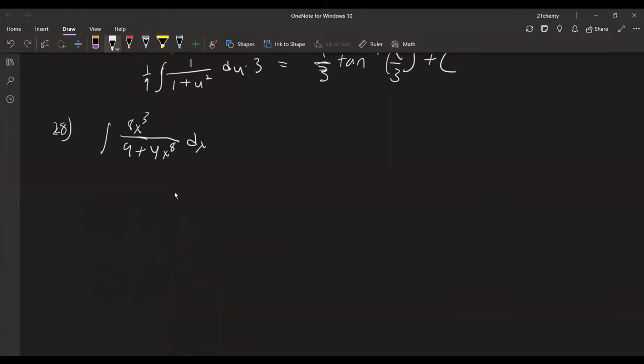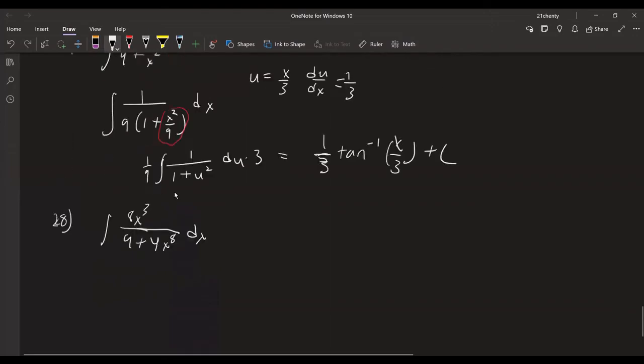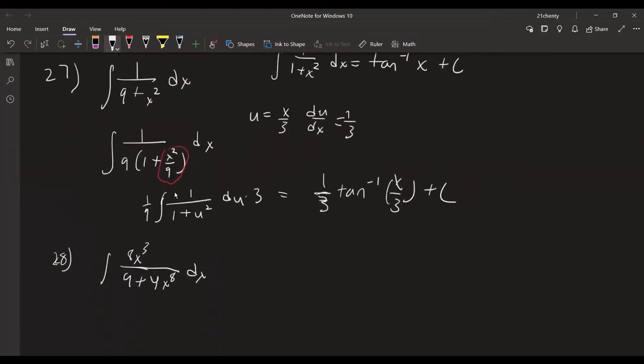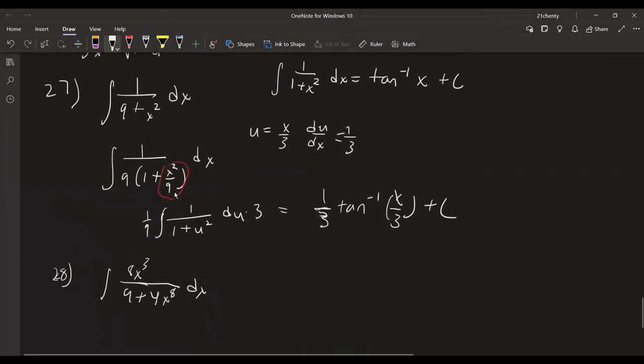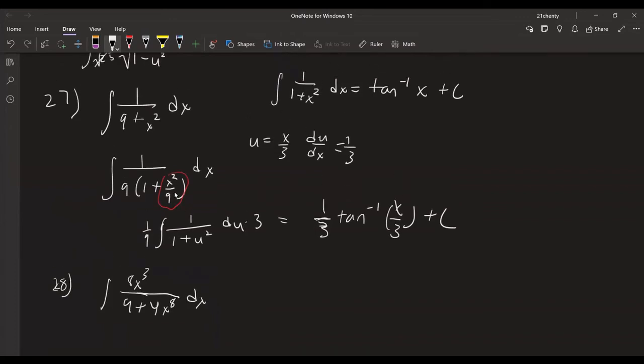Now, the best way, I think, to do it is to use a similar strategy as 27, where we factor out this 9. Because again, this looks a lot like the tangent. There's no square root on the bottom, but we just have this annoying 9 in the bottom. Whoops.